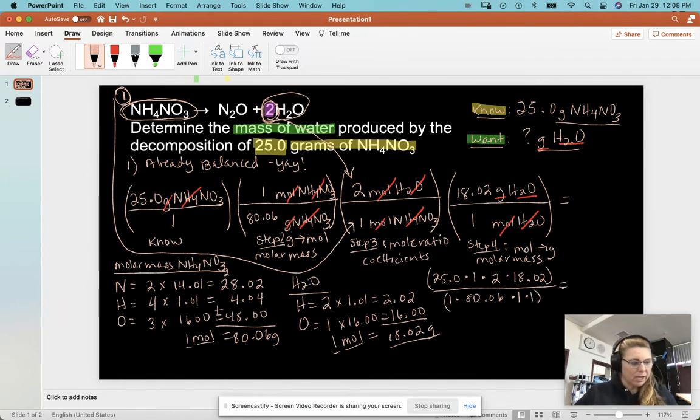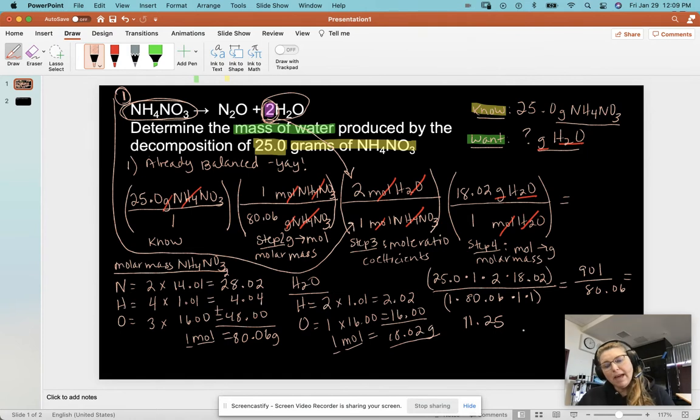So this would simplify to 25 times 2 times 18.02, which is 901, divided by 80.06, because 1 times 80.06 times 1 times 1 is just 80.06. So 901 divided by 80.06 gives me 11.25.